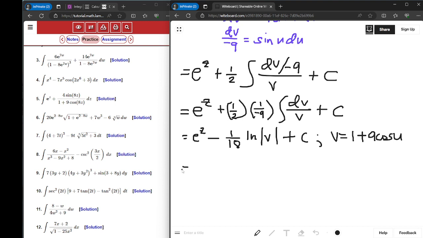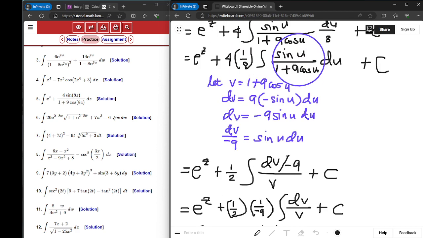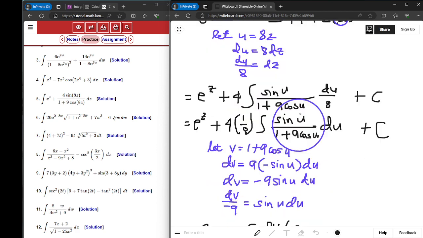So this is now e to the z minus 1 over 18 ln of 1 plus 9 cosine of u plus c. However, it is not yet the final answer since we have let earlier u be equal to 8z.